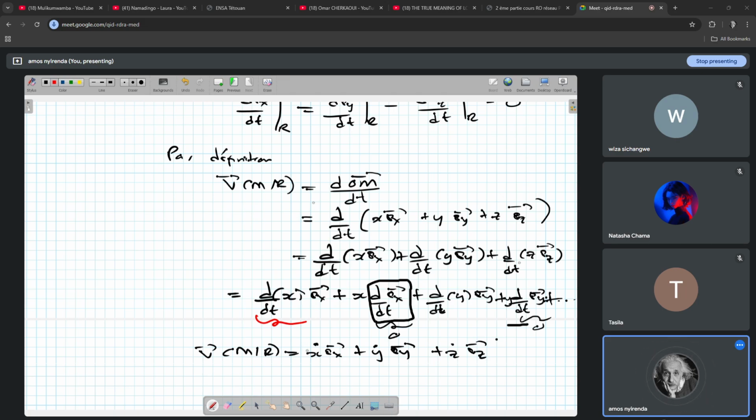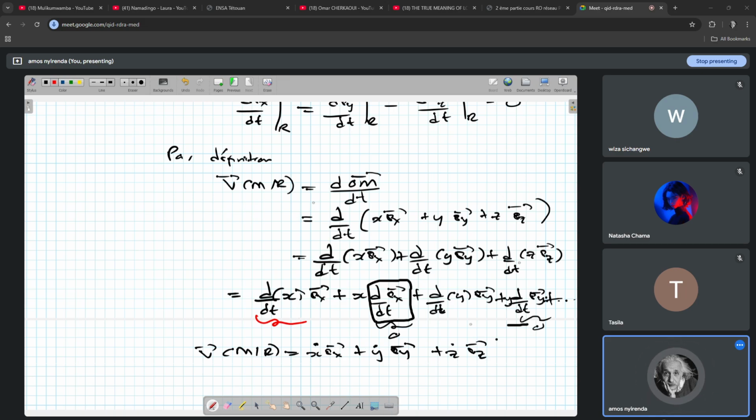So x point. We'll have a similar quantity for y: the derivative of y with respect to time. If you expand everything, you will have the same thing for y, a time derivative, so we put a point on top of y to show that we are taking the time derivative.